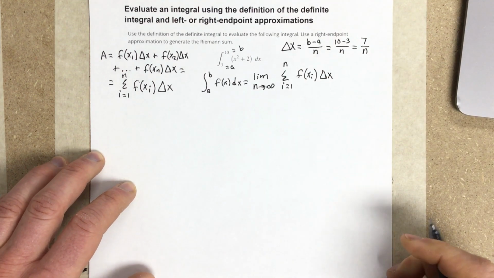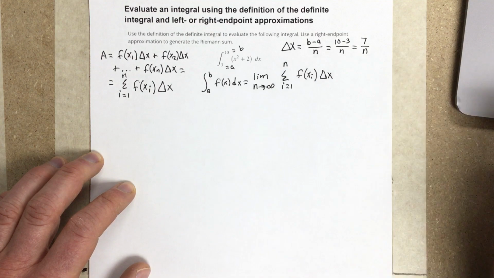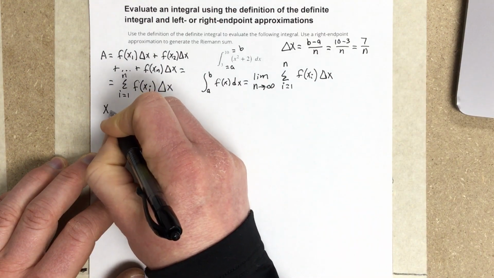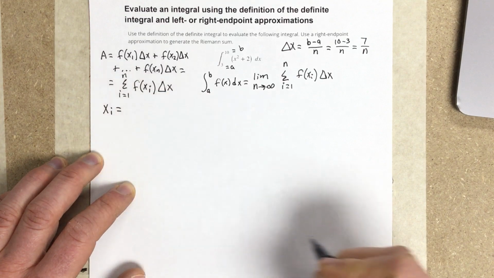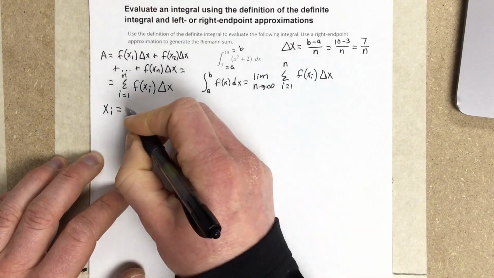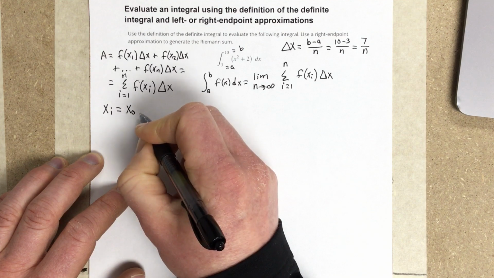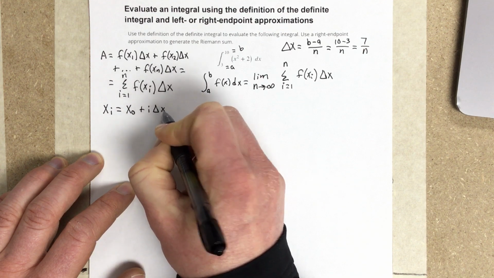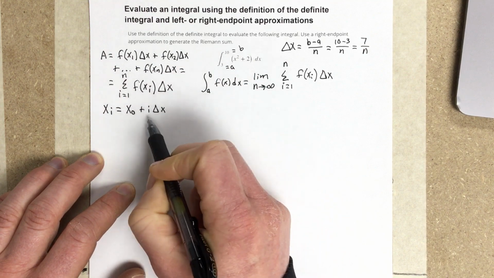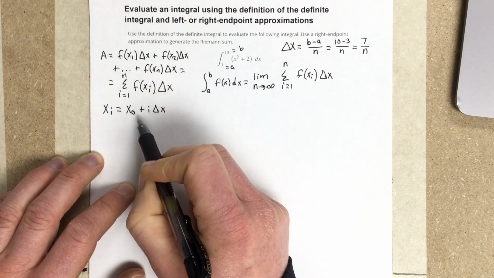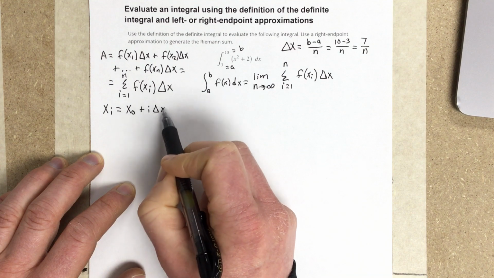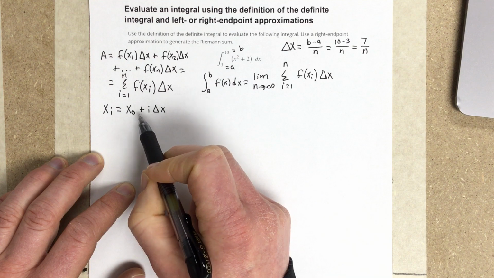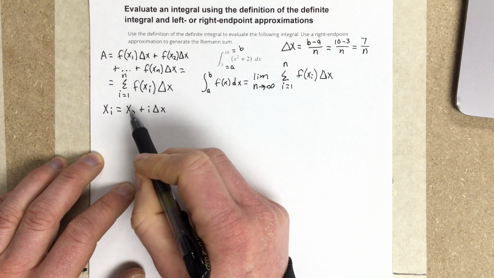What is xi? Well, xi is going to equal, and we get this from our previous section, xi is equal to x sub 0, and we add i change of x. Now I want to talk about this just a second. In our previous section, we would always add change of x to x sub 0 because that would give us the widths for our rectangles.